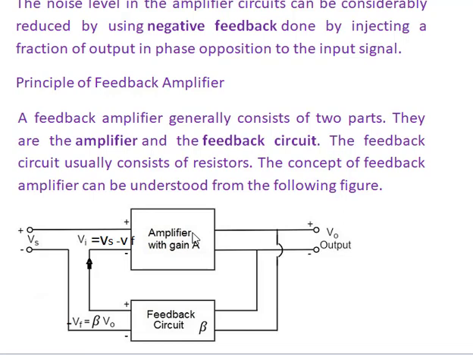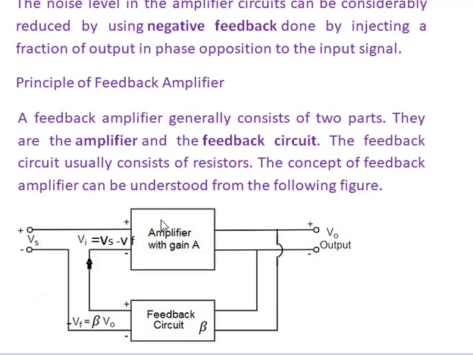Here, a block diagram of a feedback amplifier is given. This block diagram consists of two parts: one is the original amplifier and another one is the feedback circuit. You know well that the amplifier consists of active elements such as transistors and passive elements such as resistors, capacitors, etc. So this block is the amplifier with gain A. Gain is nothing but the output divided by the input.